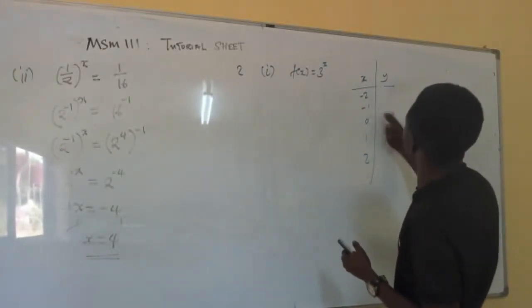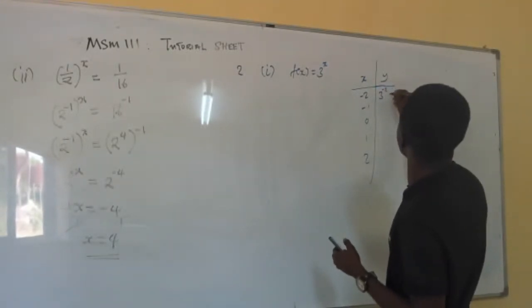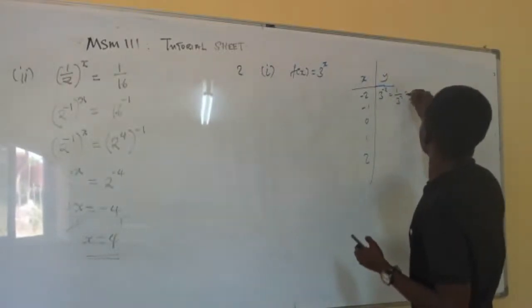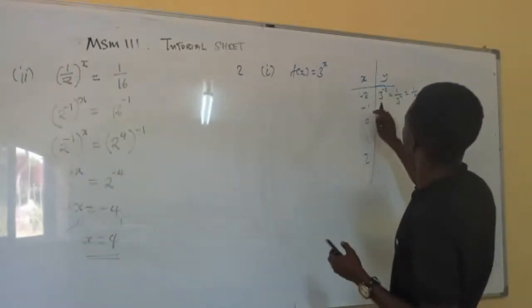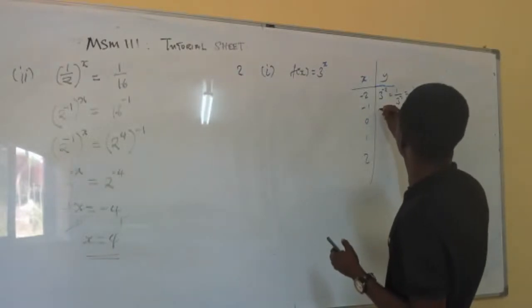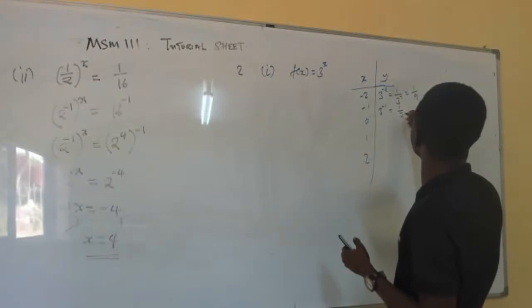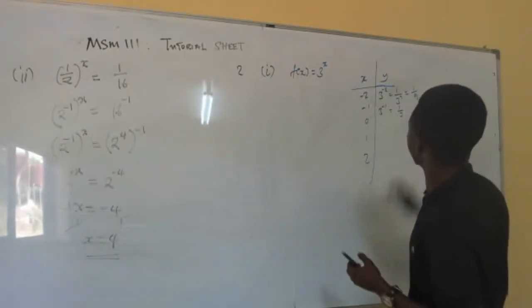So 3 to the power -2 is equal to 1/3 to the power 2, which is 1/9. If we substitute -1 for x, we get 3 to the power -1, which is 1/3.